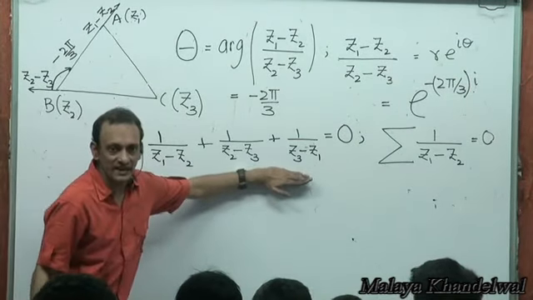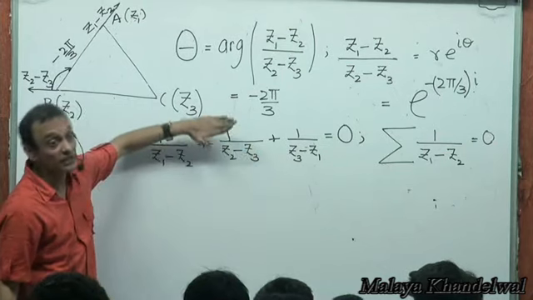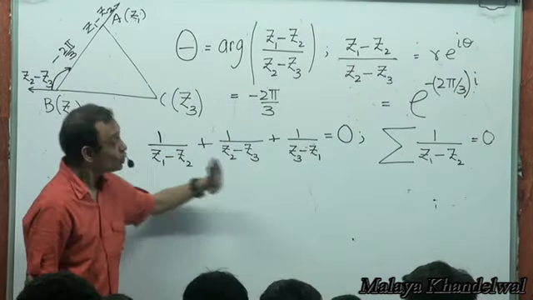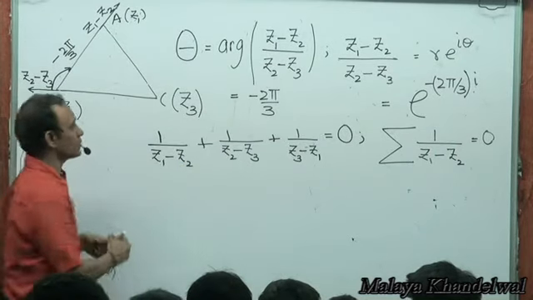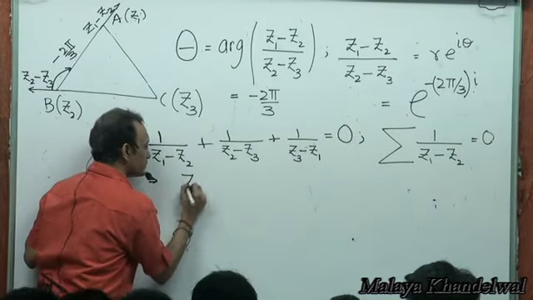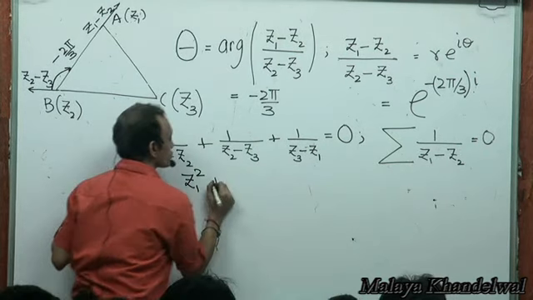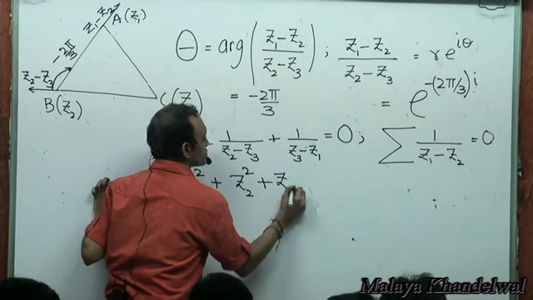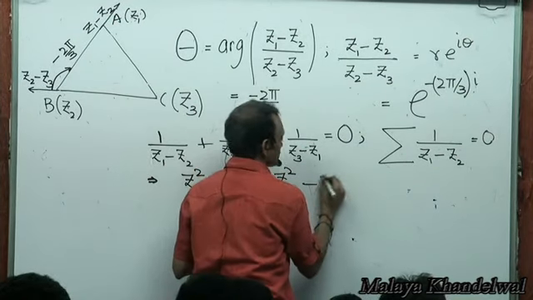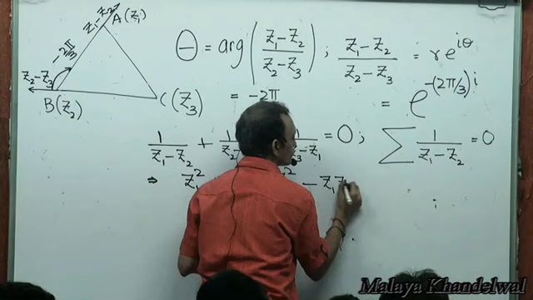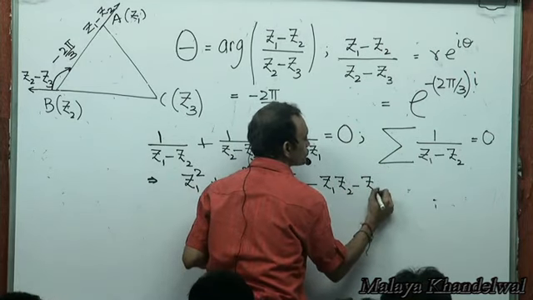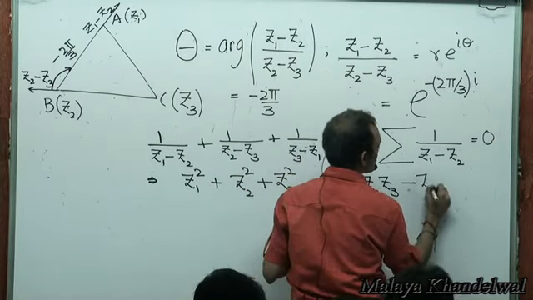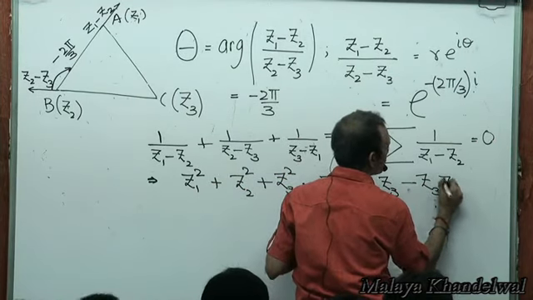Now if I take the LCM and add these, then the numerator of this expression must be 0. That's when this will be 0. The numerator of this expression will turn out to be z1 squared plus z2 squared plus z3 squared minus z1 z2 minus z2 z3 minus z3 z1 equal to 0.